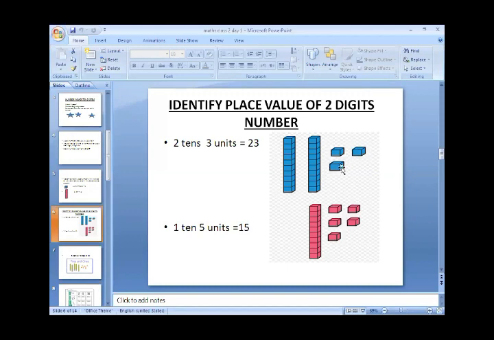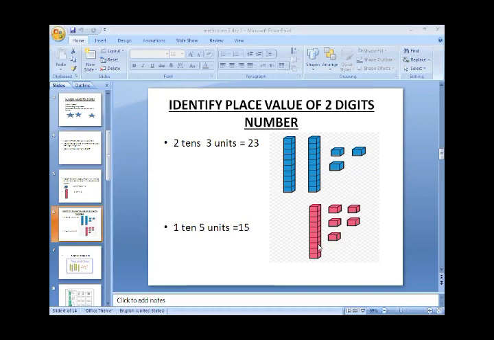And the individual small blocks, how many? Counted. These are 3. So these small blocks show 3 units. So we write here 3 units. 2 tens, 3 units make number 23. These blocks show number 23.